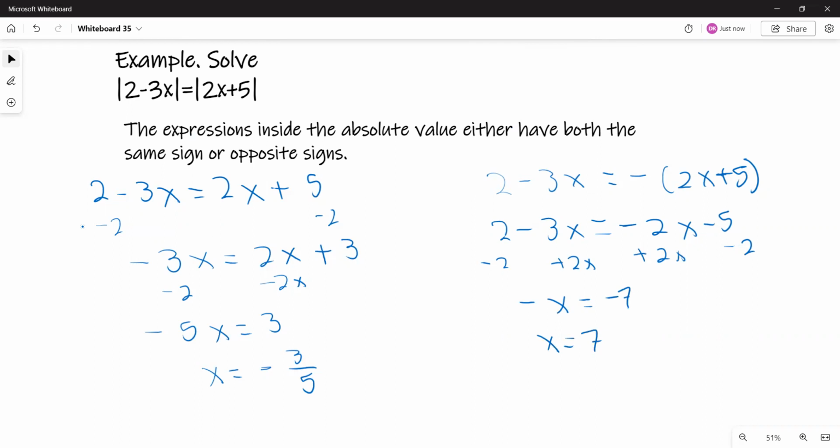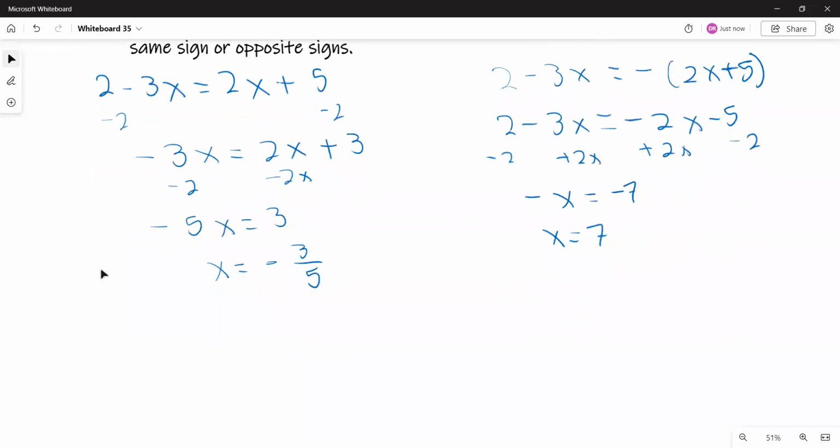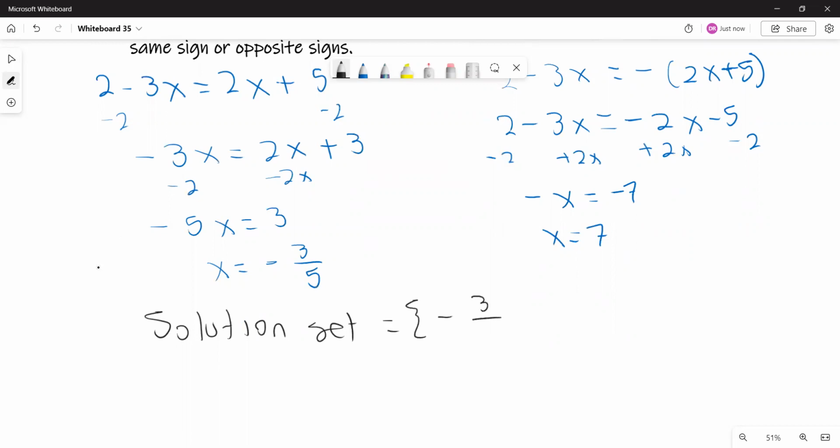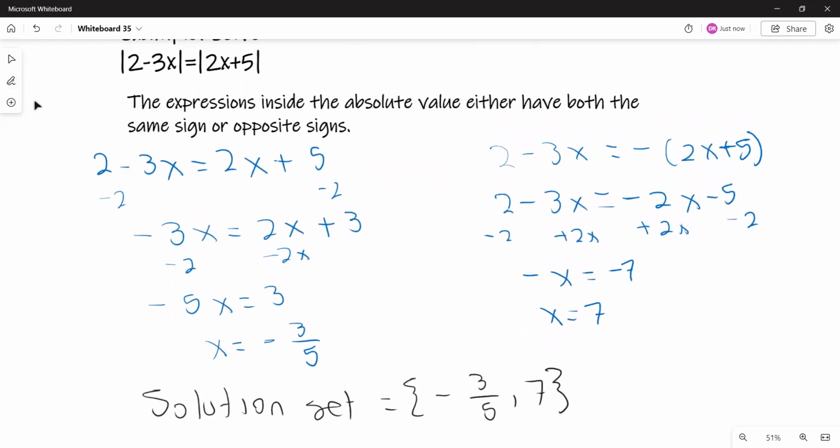And the solution set is negative 3/5, comma 7. Okay, so this is what we did.